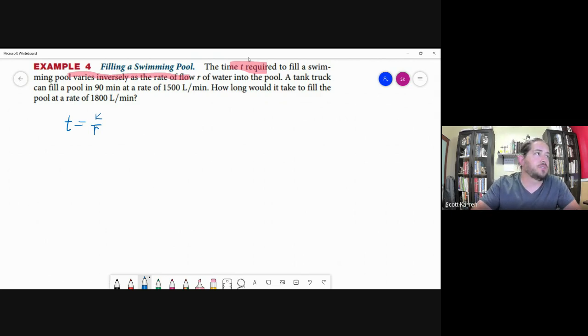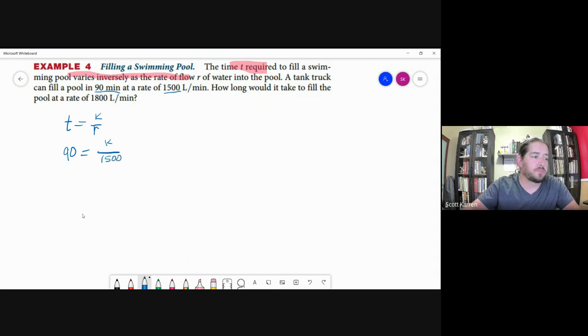If a tank truck can fill a pool in 90 minutes, so the time in this scenario is 90 minutes at this rate, that tells me that 90 equals k over r, where r is 1,500.